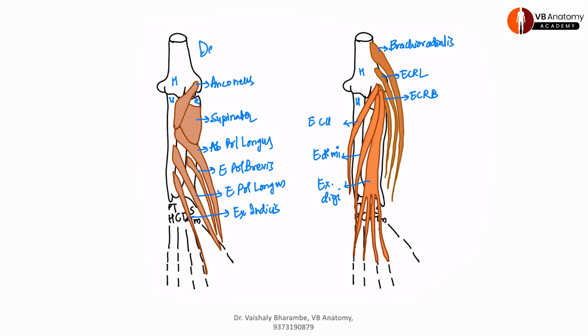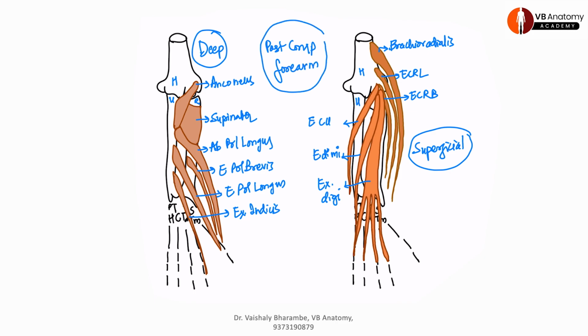These are mostly deep group of muscles. These are superficial. This is how you remember muscles in the posterior compartment of forearm. Please practice using your bones, drawing the muscles, and it is very likely that you're not going to forget these muscles.